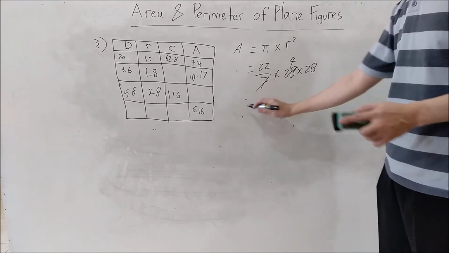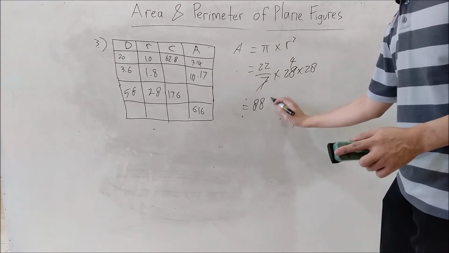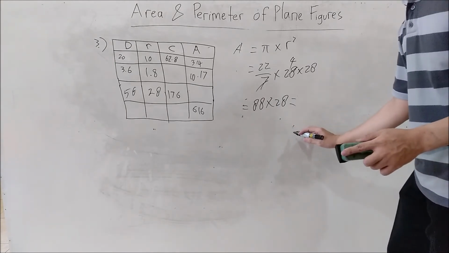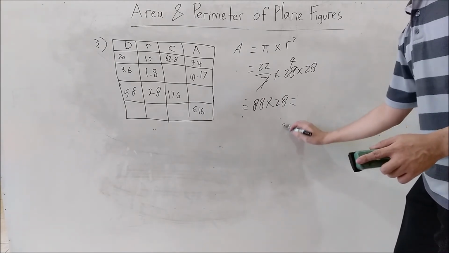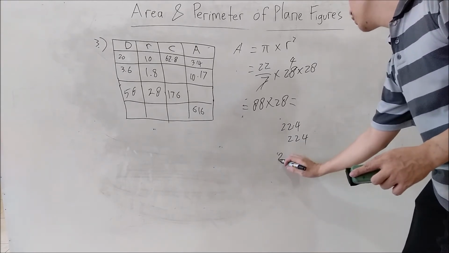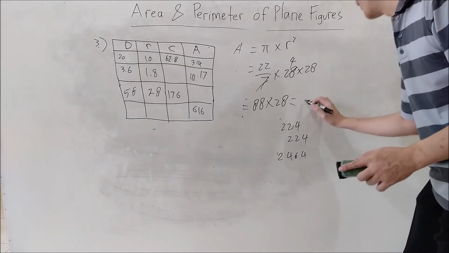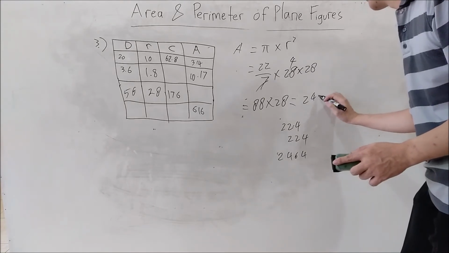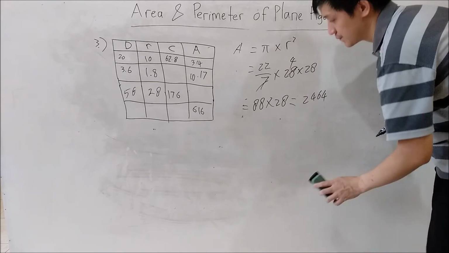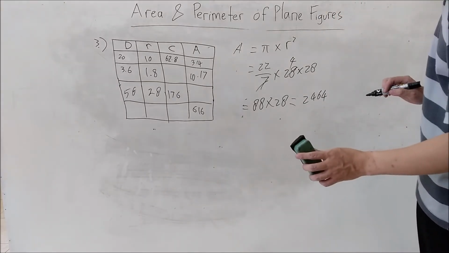So after that, you will count 88 times 28, which is 704, 1760, 2464. So you will get 2464. Am I correct? Am I wrong?